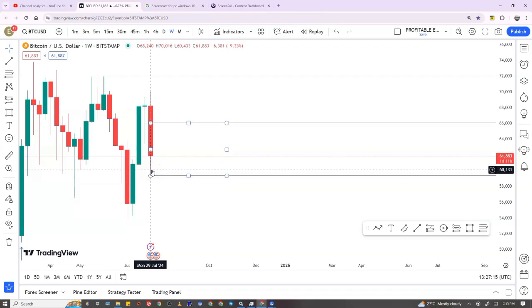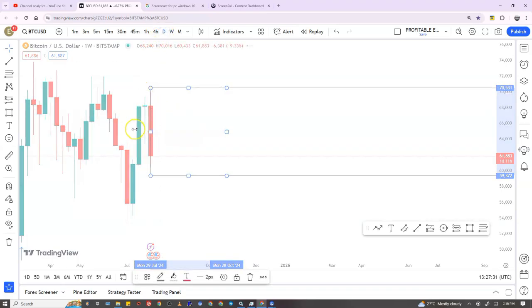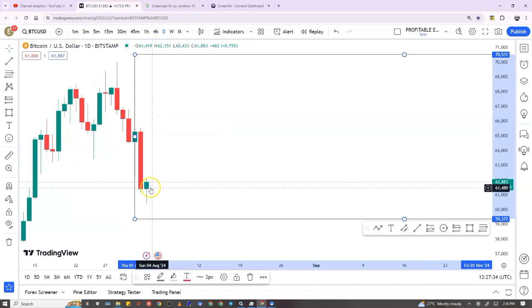This candle actually opened recently, and we ended the week. Let's see the date it opened. This candle opened Monday 29 July 2024. So the 29th of July is not up to a week. This candle still has a lot of days to go, 7 days before it completes a week.